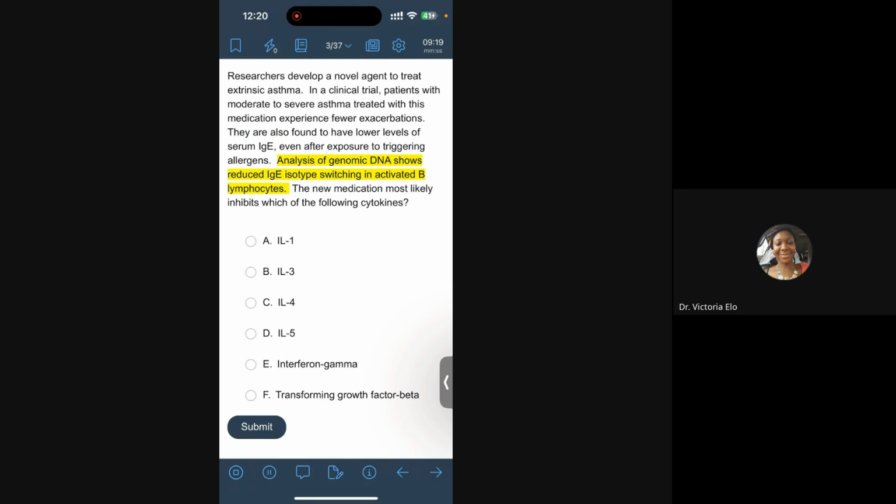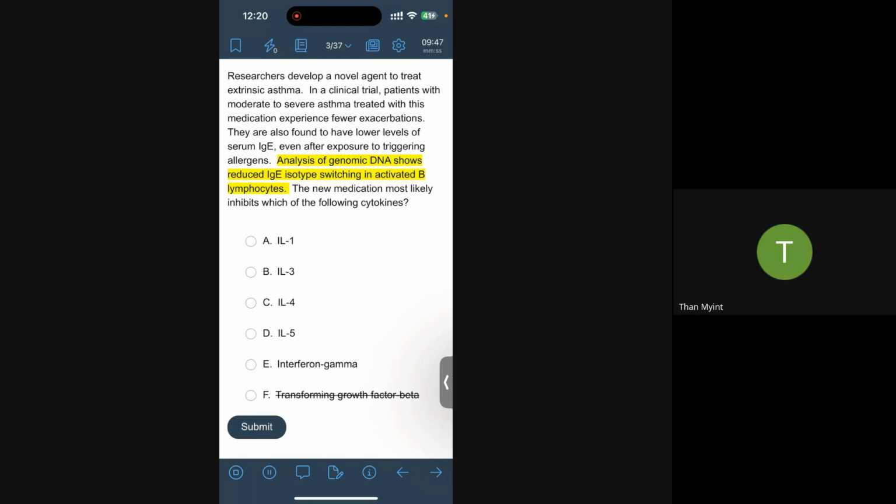Which of the following cytokines is involved in IgE isotype switching? Interleukin 5? Interleukin 4? TGF beta is involved in fibrosis.